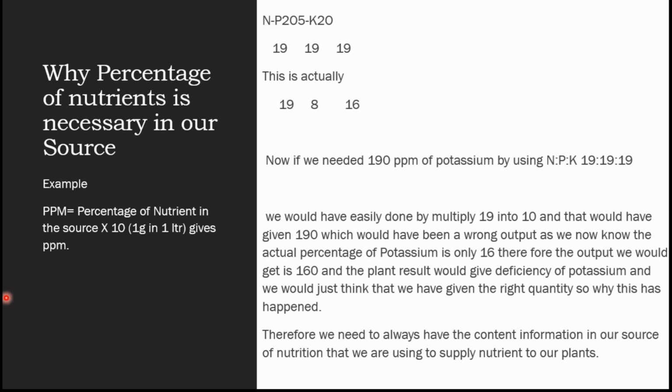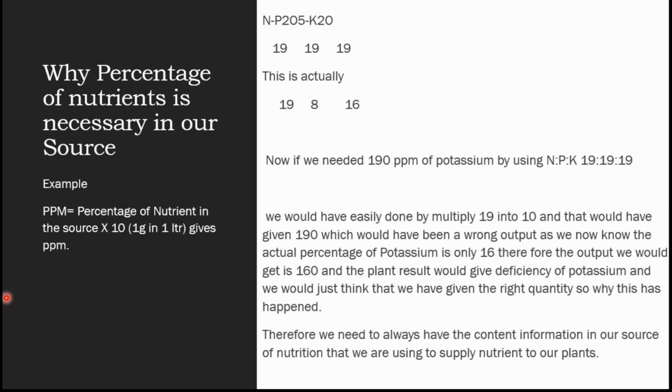So the ppm part is clear here. I'll repeat it for more understanding. ppm is always equal to the percentage of nutrient in the source into 10. This gives the ppm only if you are adding 1 gram of the nutrient source in 1 liter of water. So never confuse this. It's very simple to calculate ppm.